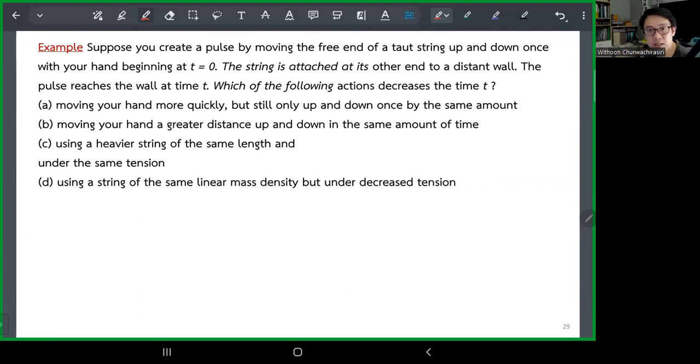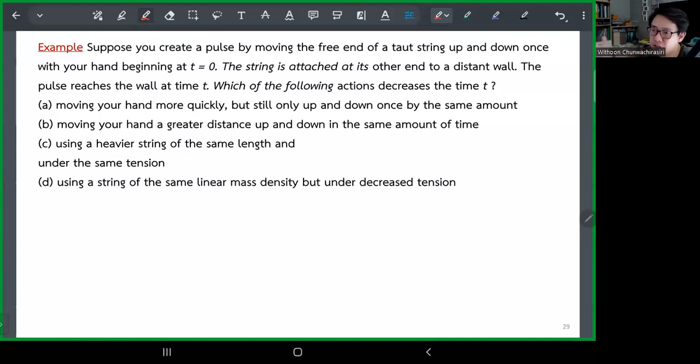When you want to decrease the time t, it means you want the wave to travel faster. Does that make sense? So which among these four gives you a faster wave? A, move your hand more quickly, but still only up and down once by the same amount. Not good, right? Because moving your hand doesn't do anything.